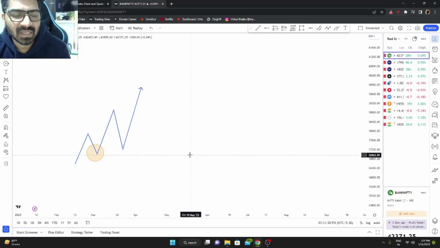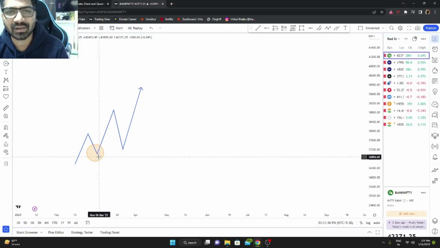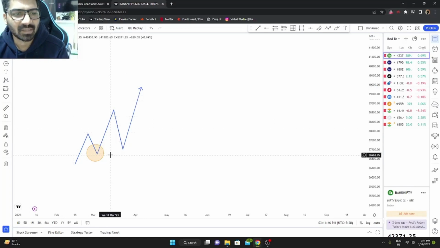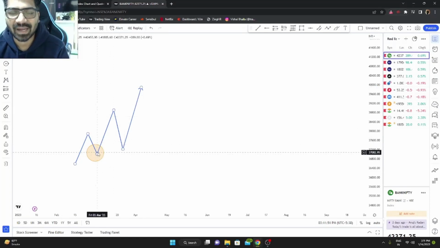It is not possible from their end to place all of the orders in one go. So they place some of the orders here, and then the market goes up. And when the market comes back to this area where they placed their first order, they place another lot of orders, and the market moves from there. So this is the area we are looking for, and from where we can mark our demand zone. So this becomes our demand zone in an uptrend.